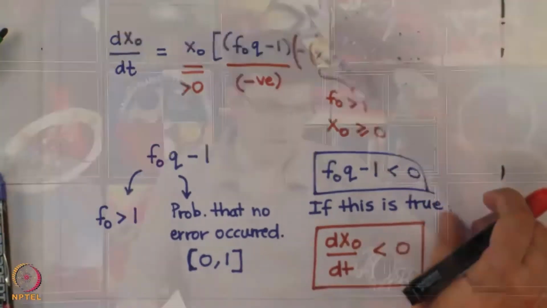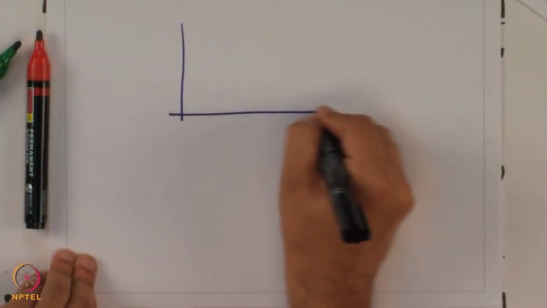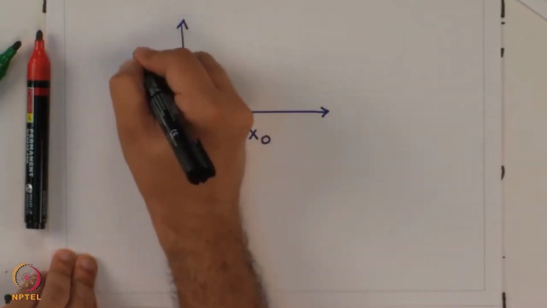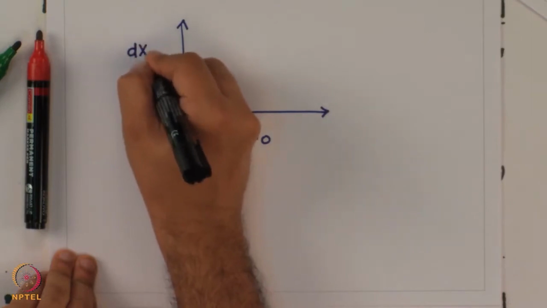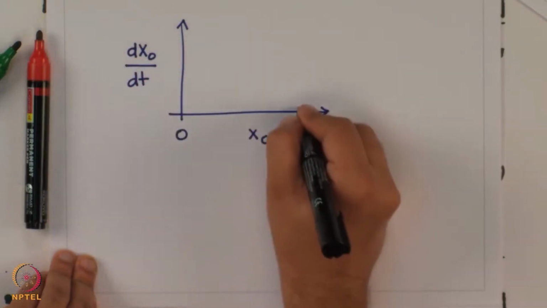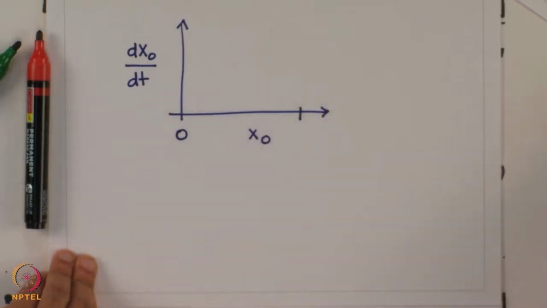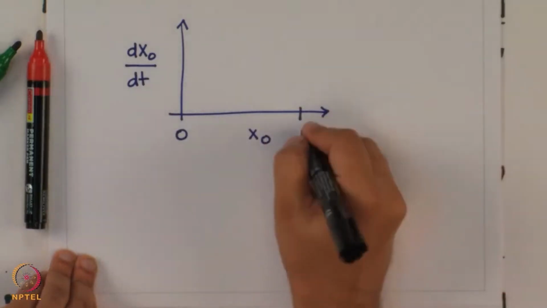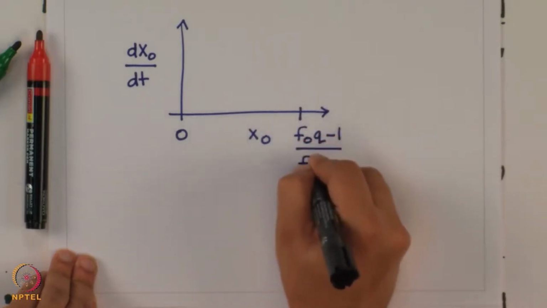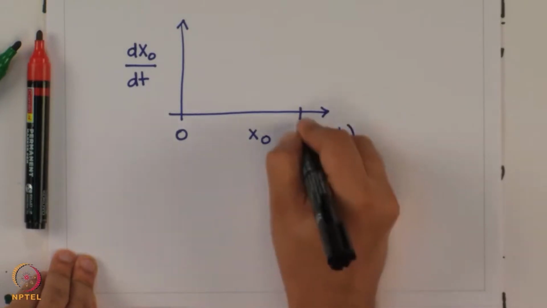And as we had seen in the discussions of stability, if you have a system, this is x naught, this is dx naught by dt, 0, and the other steady state that we had derived was f naught q minus 1 divided by f naught minus 1.